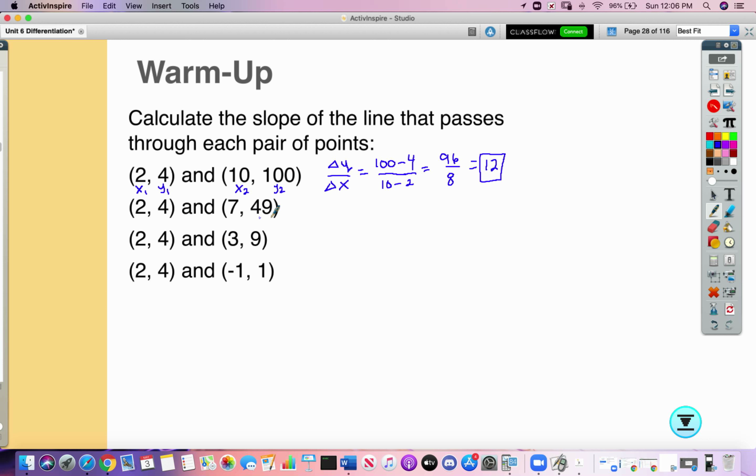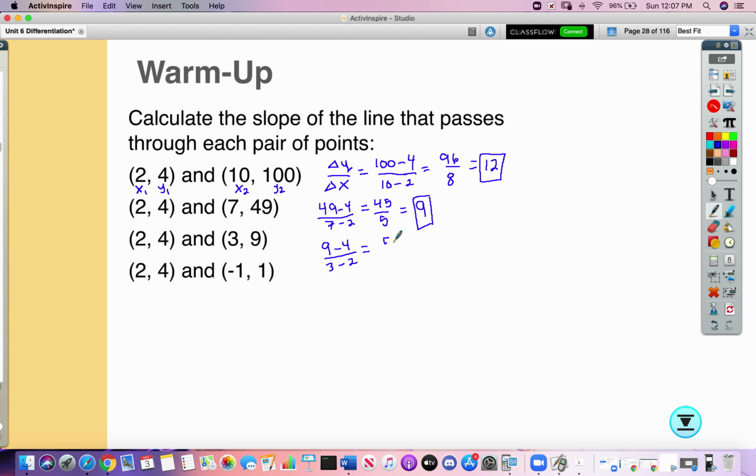So the slope here is 12, the slope in between these 2 points. And we can do the same thing for the rest of these problems. So we'll have 49 minus 4 divided by 7 minus 2. Ooh, that gives me 45 divided by 5, which is 9. So the slope between those 2 points is 9. And we'll continue. 9 minus 4 divided by 3 minus 2.